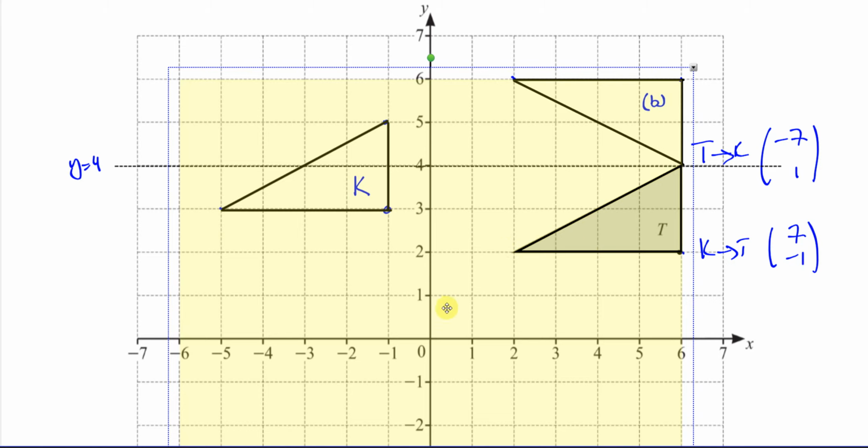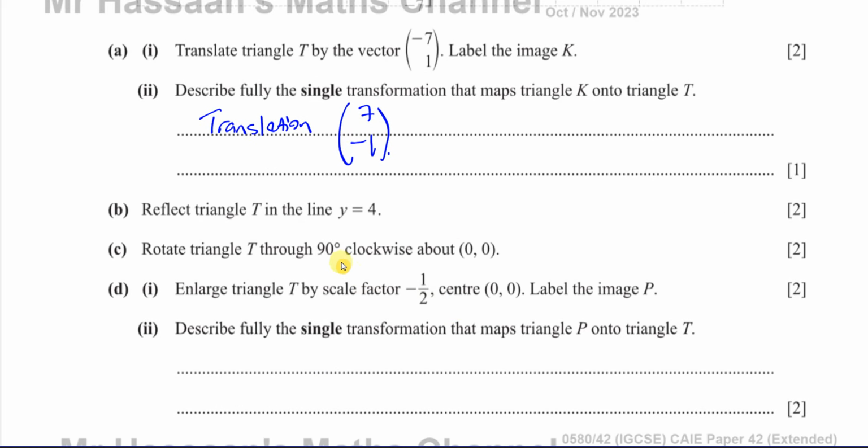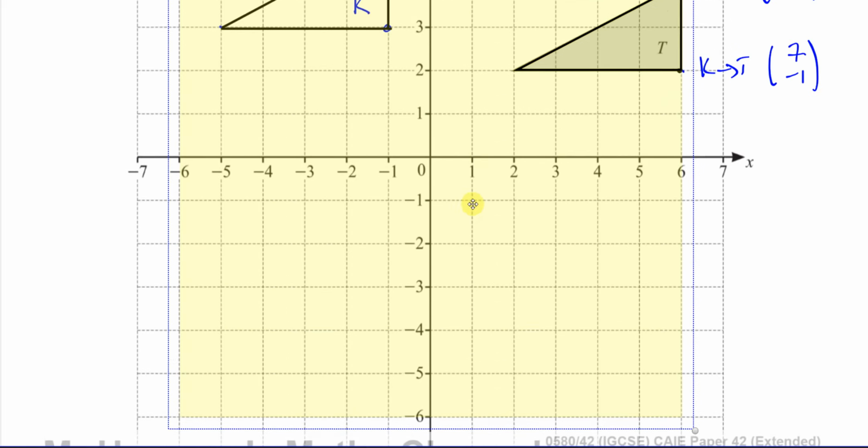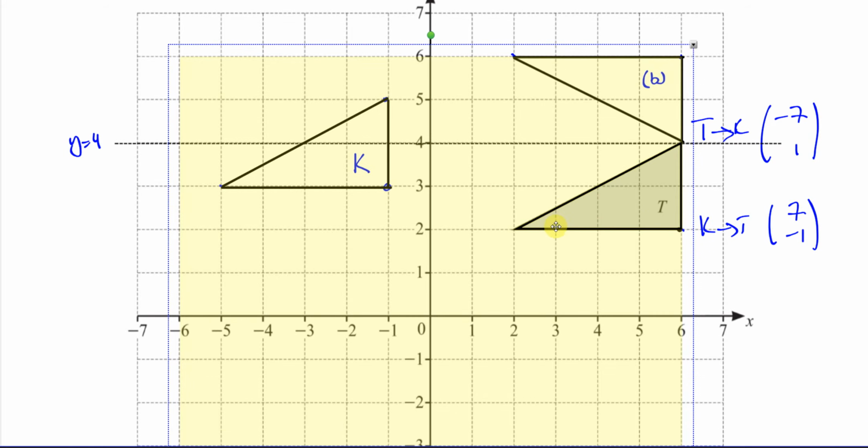Then we put the pencil on the center of rotation, which is the origin, and then we rotate clockwise. Clockwise means going in this direction through 90 degrees. So basically, when this line is vertical, we've gone through 90 degrees, or where this handle is now going to be over there, we've gone through 90 degrees.